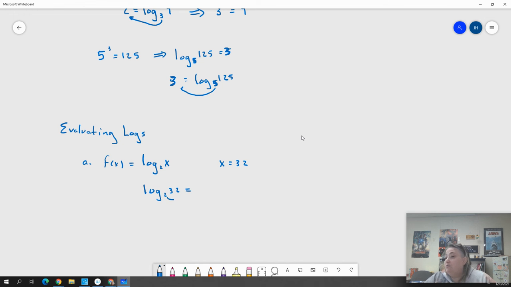And it'd be saying 2 raised to what power gives me 32, right? And I can tell you right off the bat that 2 to the 5th power does it, right? Now, do you always have to guess these? No, you can put it in a calculator, right?